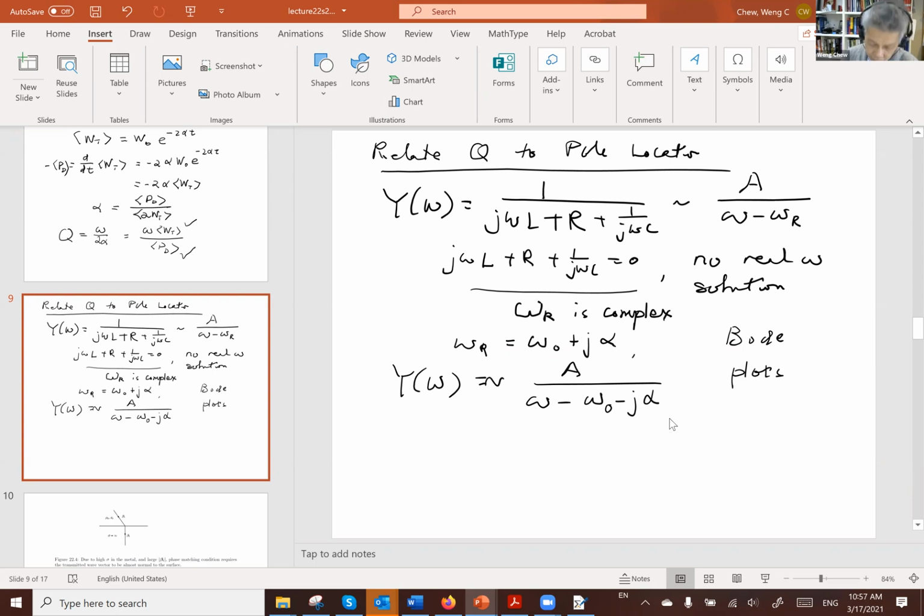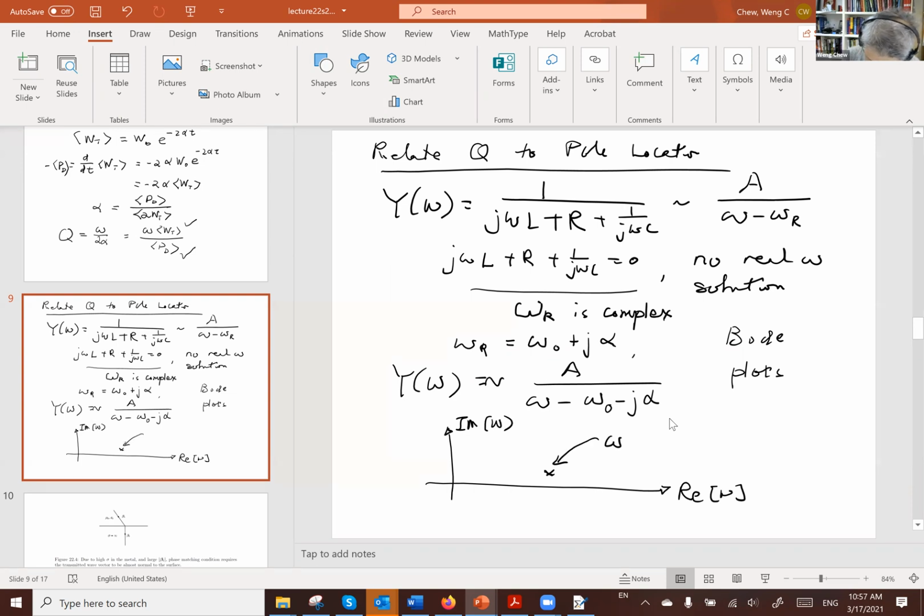So if you were to plot this in the complex omega plane, this is the pole location, omega sub r equals omega naught plus j alpha, and your operating frequency is always on the real axis, as you do in a Bode plot, and this function will peak when omega equals omega naught.